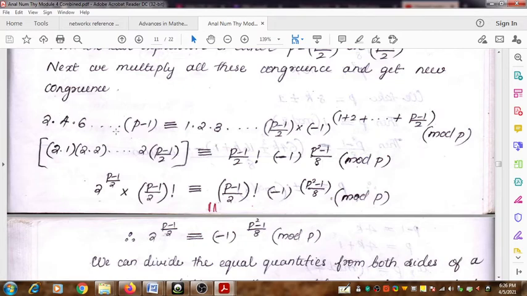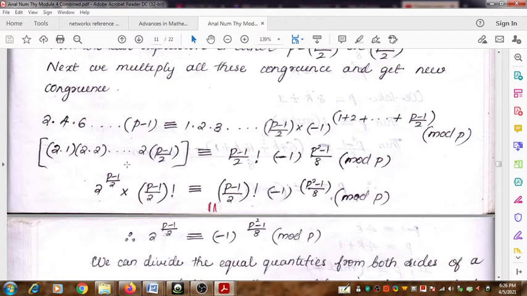Here you can rewrite the left hand side as 2 into 1, 2 into 2, 2 into 3, etc., up to 2 into p minus 1 by 2. This is for convenience, so that you can cancel this quantity from both sides.